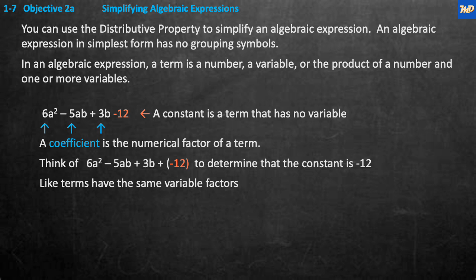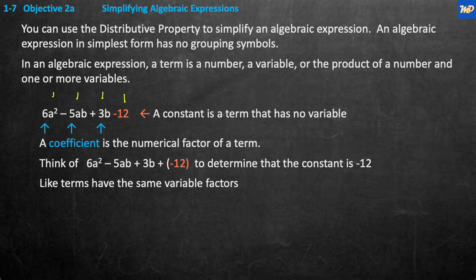In an algebraic expression, a term is a number, a variable, or the product of a number and one or more variables. So let's take a look at that. Here, the expression is 6a squared minus 5ab plus 3b minus 12.